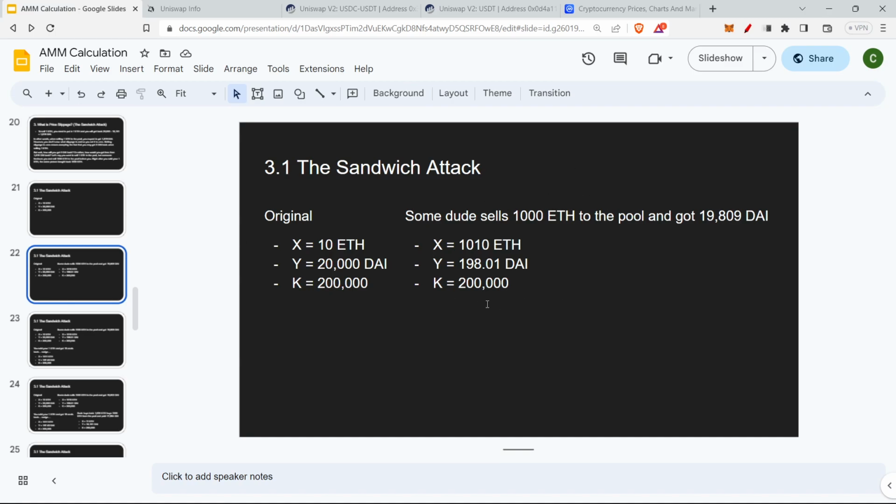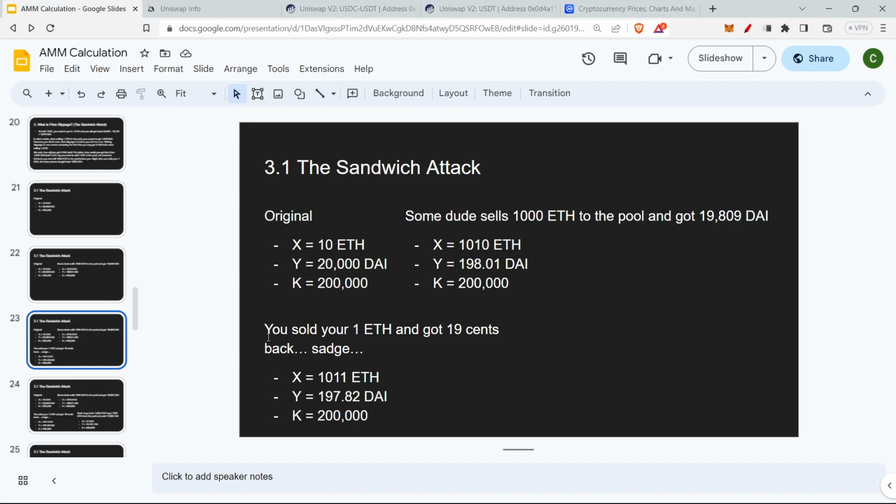This is the new liquidity pool. When you sell one ETH right now, 1010 will become 1011. Your Y will be question mark and your K is constant at 200k. You sold your one ETH and actually only got back 19 cents.